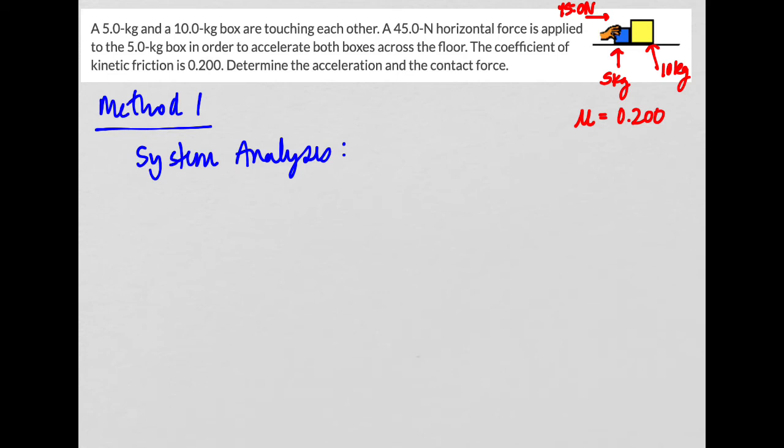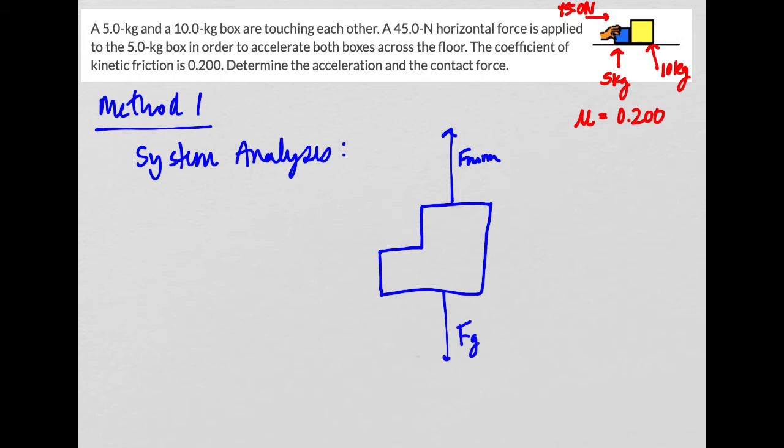All right, so we're going to do the same thing. We're going to start by drawing our free body diagram. Nothing has changed with the method or what we're doing. We're going to do our normal and our gravitational. And now it's very important that we have these two values, because we're going to need to use the normal force in order to solve for the frictional force, which we'll get to in a second. So let's look at this.